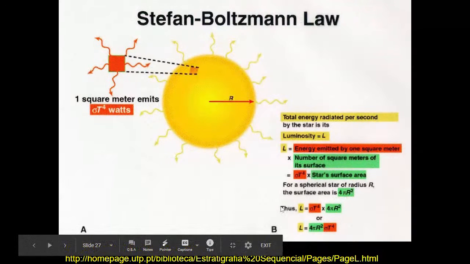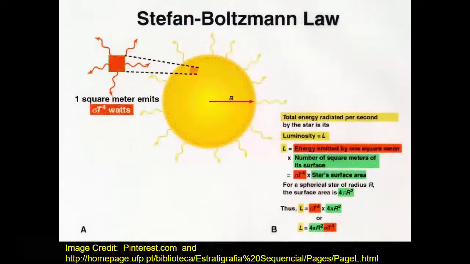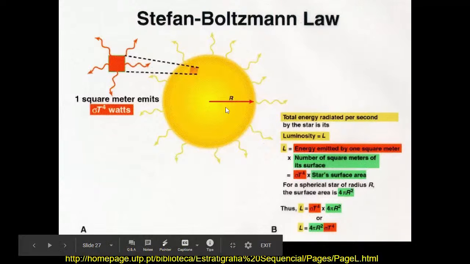And therefore, we know the luminosity as 4 pi r square into sigma T raised to power 4. But luminosity is also equal to flux into 4 pi d square, where d is the distance of the star. Using this, we can now figure out what the radius of the star is.